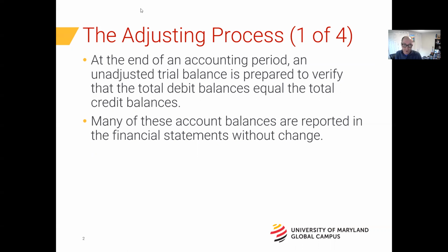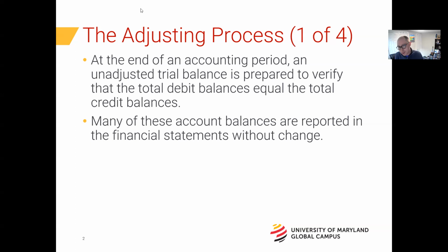At the end of the accounting period, we prepare an unadjusted trial balance. What this does is verify that our total debit balances equal our total credit balances. Last week, I mentioned that your debits must always equal your credits. That's very true.